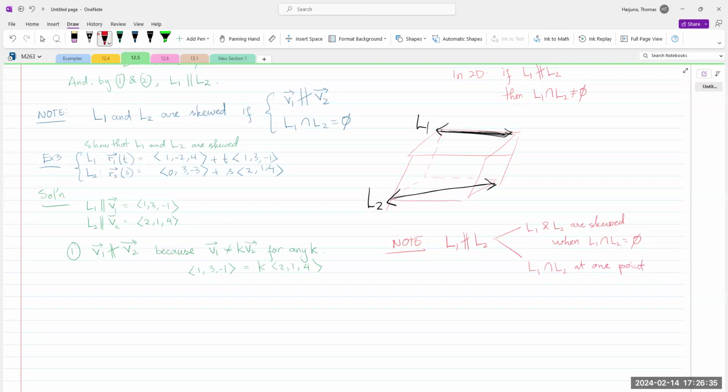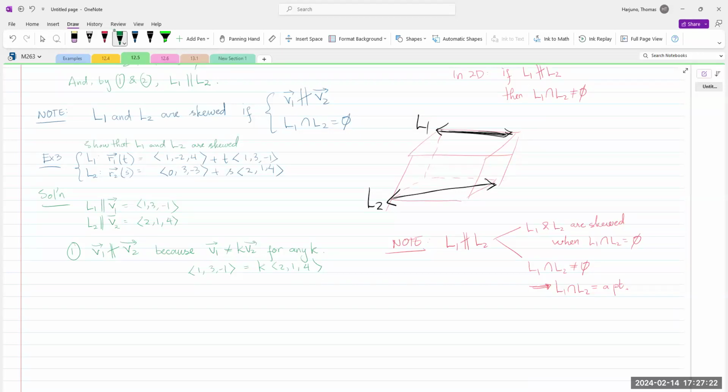If 2 lines are not parallel and they intersect, they must intersect at only one point. Okay. So if the intersection is not empty, then the intersection must be a point in space. Okay, using the argument I told you earlier about those 2 missiles, right? That's the point of intersection.